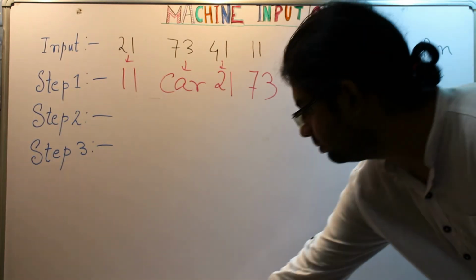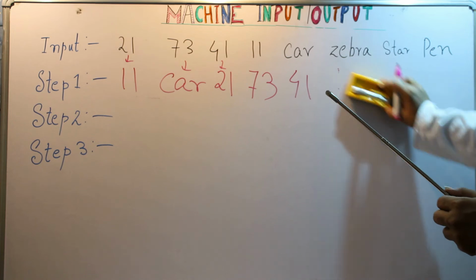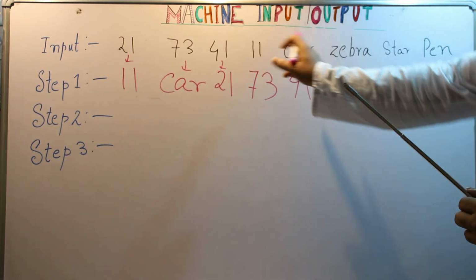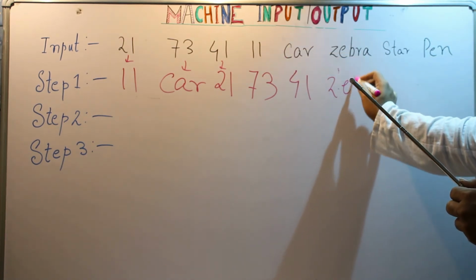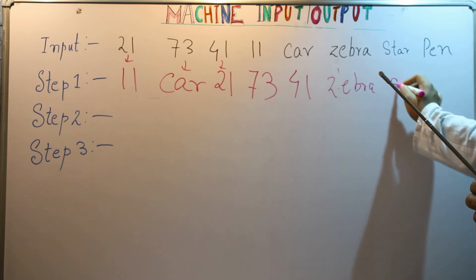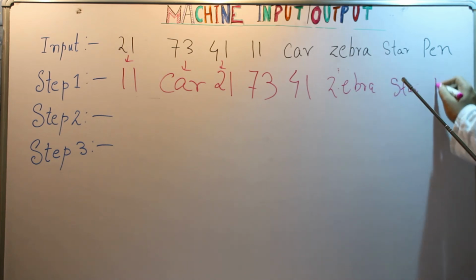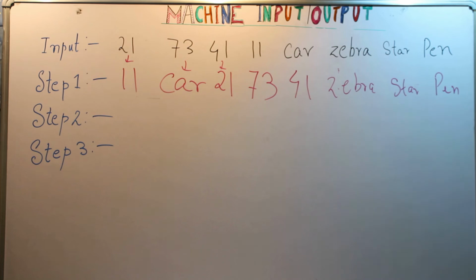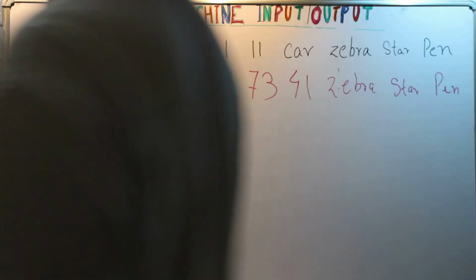Sorry, 11 has already been used. Now car used, zebra, star, pen. Okay.